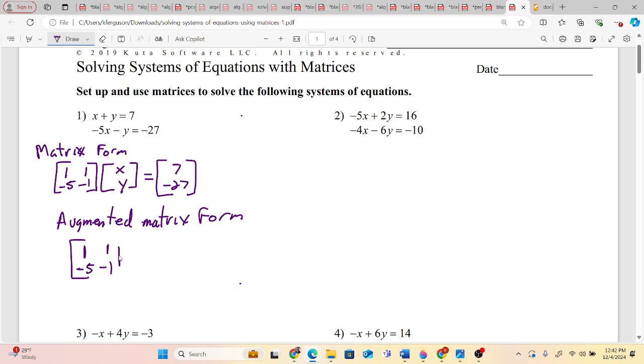I'm going to have a nice little line right here on the inside, and then I'm going to put the answers on the other side. That's an augmented matrix. See, that has no letters in it. All right, so you're going to be given something like this. You need to do that and that.